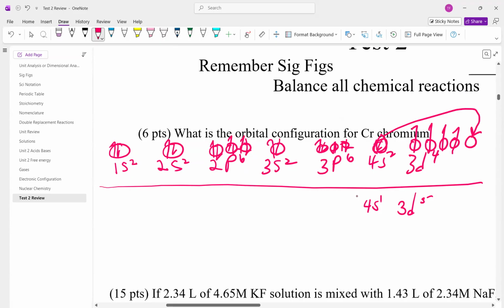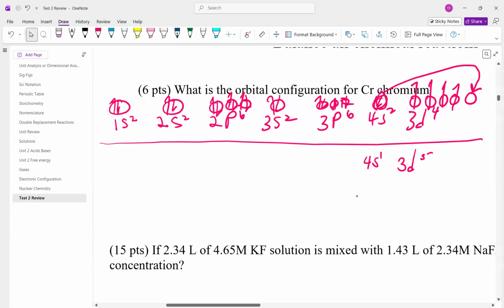So we're destabilizing 1, stabilizing 5, so the 5 wins over the 1. But either one of those would work fine, because I didn't talk about this here. Copper does the same thing, so everyone in that group does the same.